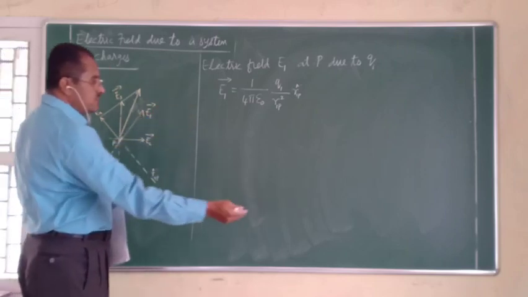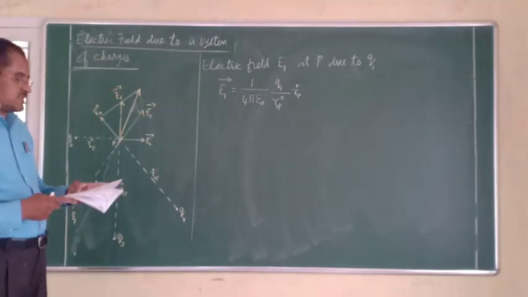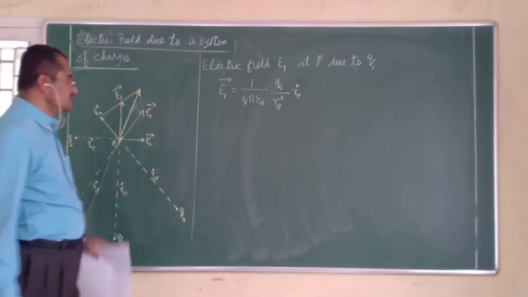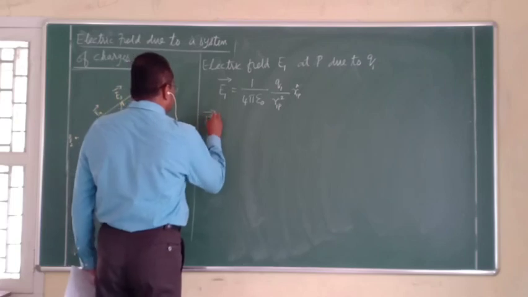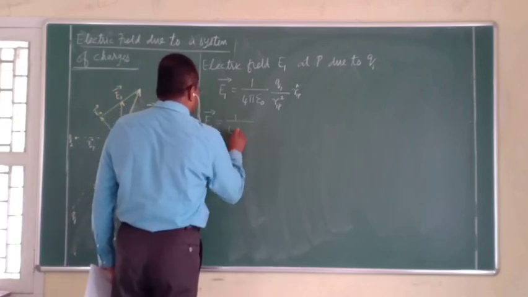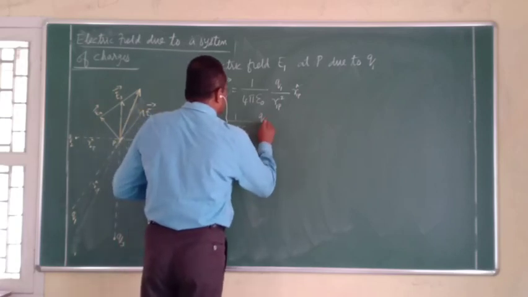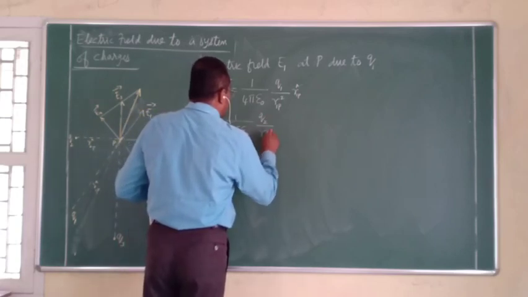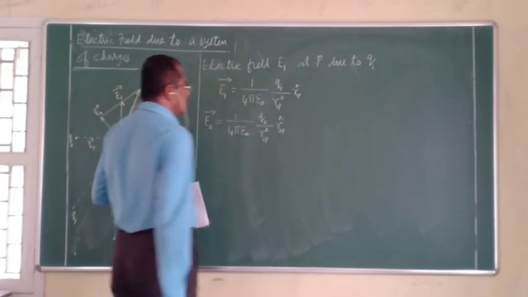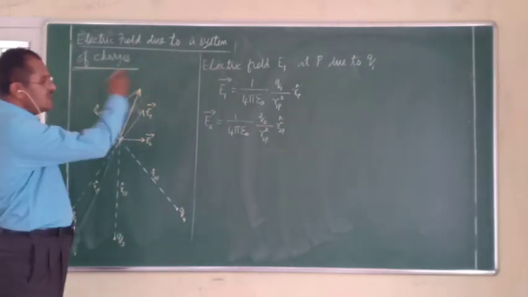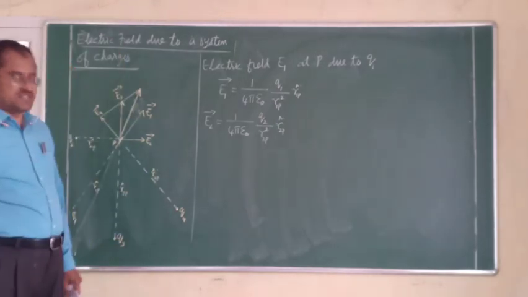This equation we are familiar with. Just now we have discussed electric field due to a point charge. Similarly, E2 I will write as 1 by 4 pi epsilon naught Q2 by R2P squared into R2P unit vector. Any number of charges, n charges we have. Similarly, you can write n such equations.